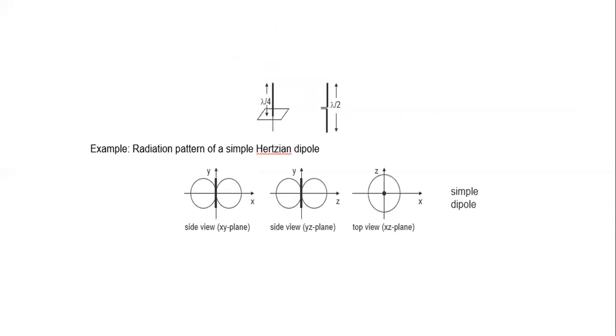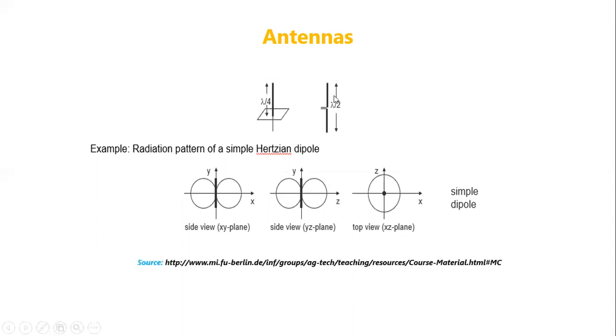So this is how the dipole antenna looks. You can see its normal length will be lambda by 2, that is half of the wavelength. If it is mounted on a car, then its length can be lambda by 4, and these are its radiation patterns. In the XZ plane, it radiates uniformly in all directions, it's omnidirectional.